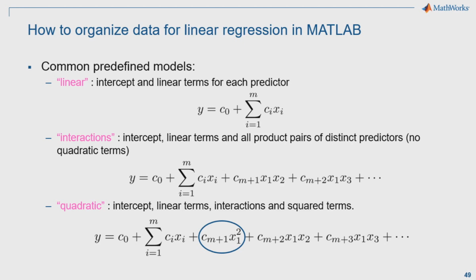So predictors can also be multiplied by other predictors, but not by themselves. And you can also specify a quadratic model, which is equal to the previous ones, or as the interactions ones, but you have also the quadratic terms. So there are also terms like x1 square, x2 squares, and so on.